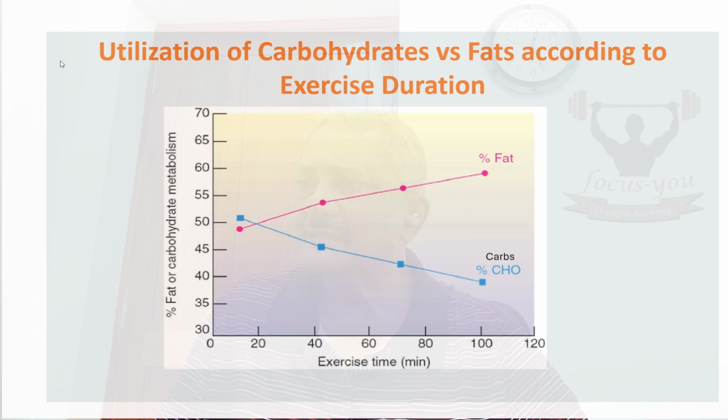And you can see that the contribution of fat increases as the duration of the activity or exercise increases, and contribution from carbohydrates decreases. But bear in mind, this is for the same intensity of the exercise, and the intensity should be low enough that there is contribution from fat to begin with.